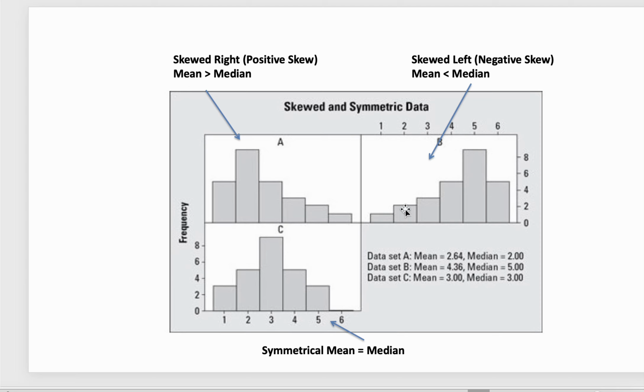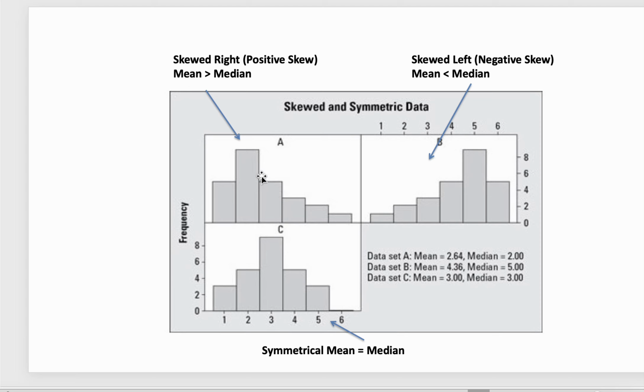Two kinds of skewness. Skew to the right. The tail goes off to the right. More of the data is on the right-hand side. More of the boxes are on the right-hand side. That's what it looks like in a histogram. What's going to happen? The mean is going to be over here because it's going to be influenced by these larger values.